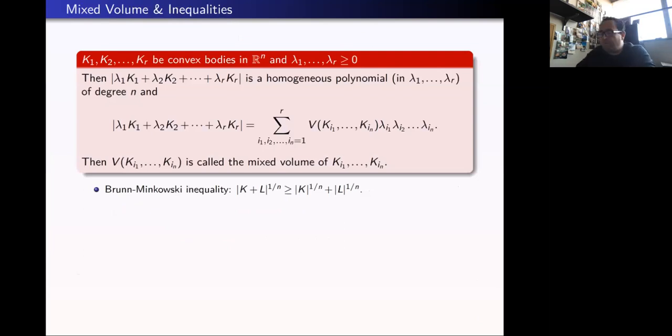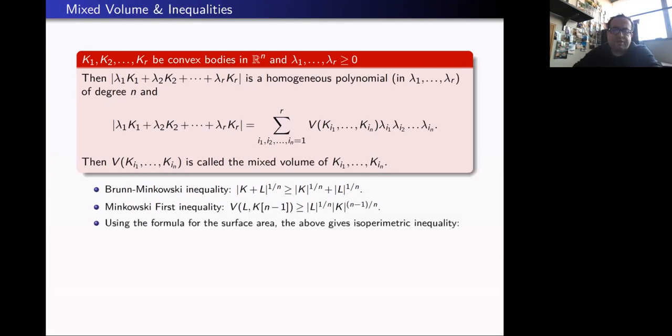So here was our formula, but clearly one of the most interesting things here is that there are also many inequalities involving Minkowski sum and mixed volume. Here, first one, Minkowski. Another one, more or less, if you take derivative of it, you'll get the first Minkowski inequality. You can, for example, use the first Minkowski inequality and surface area formula to prove the isoperimetric inequality.